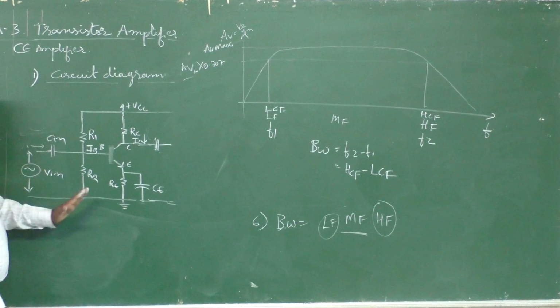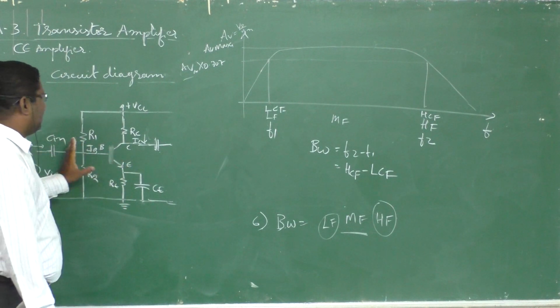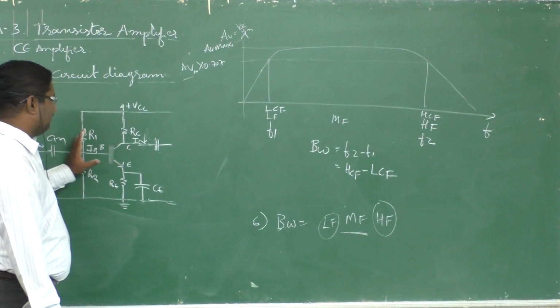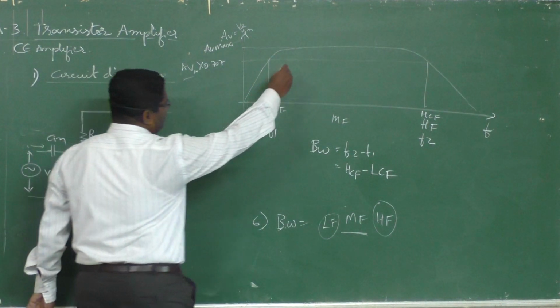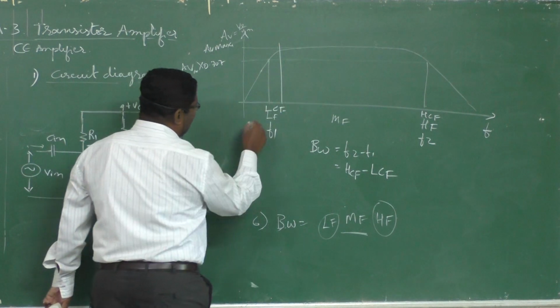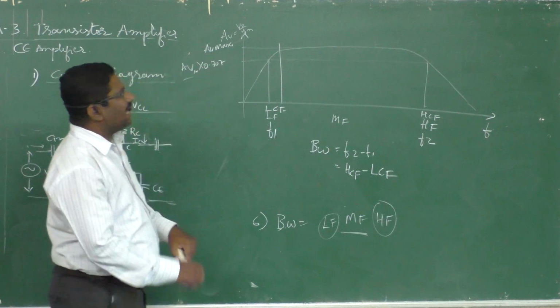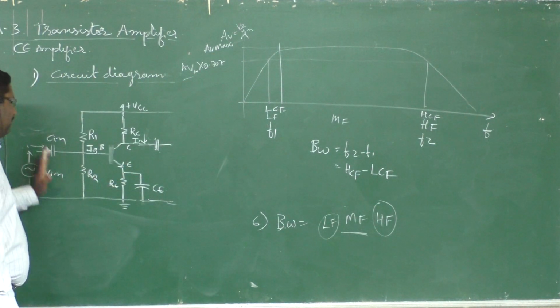So they block the lower frequencies, and no low-frequency signal will be given. That's why the response of this amplifier for the lower frequencies will be poor, and we are not getting higher amplitude signals here.